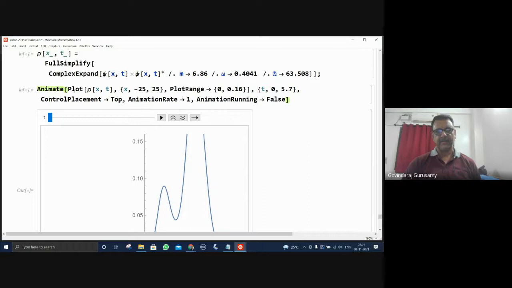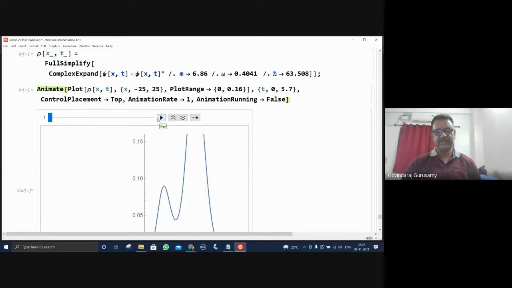See, for example, look at this. I have not executed, but it is going to work now. No input is given, but still it's working. Animate takes care of that. If I use Manipulate, that's not possible. With Manipulate, all the input requirements should be satisfied and available for you to animate it.